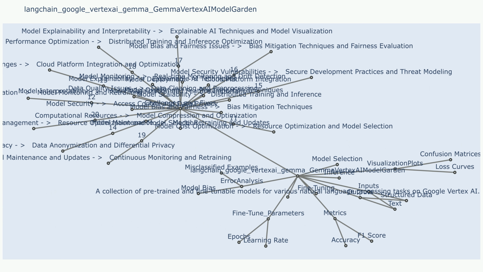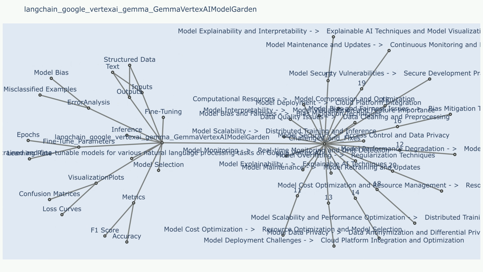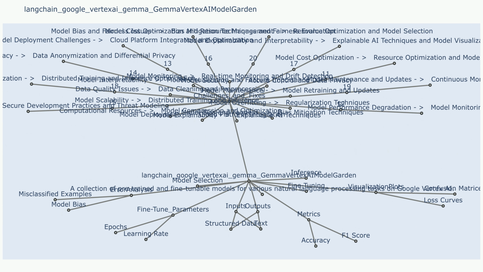This tool facilitates the seamless integration of these powerful models into Langchain workflows, allowing for advanced capabilities within conversational AI applications. Inputs: model name, the name of the pre-trained model from Vertex AI Model Garden. This name should be a valid model identifier within Vertex AI.